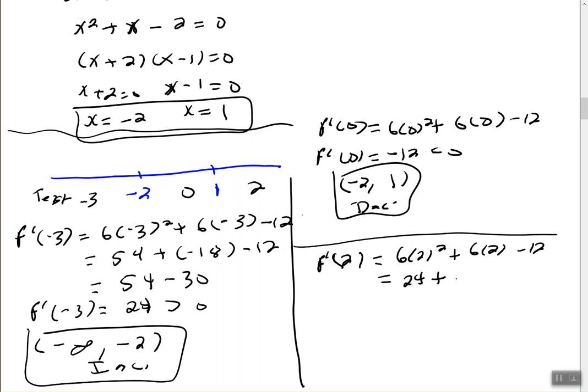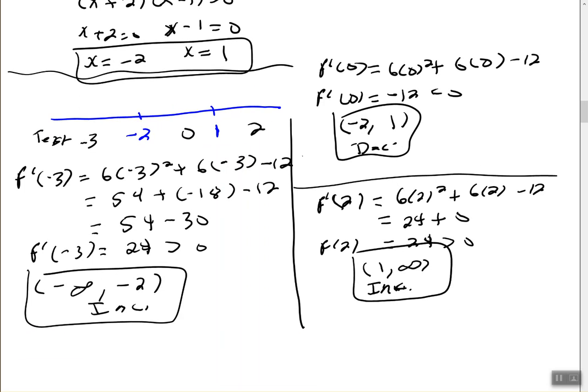Plus 12 minus 12, so 24, which is greater than 0. Therefore, from 1 to infinity, I'm increasing. All right, so those are my intervals.